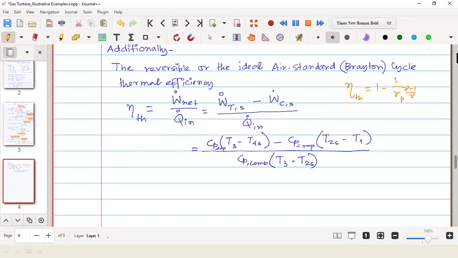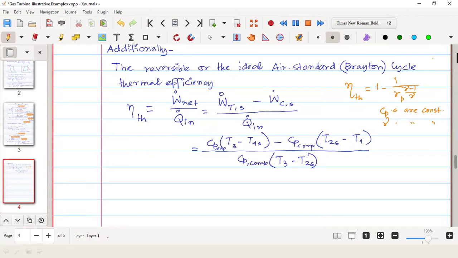I'm not writing it because in that there were assumptions, that is, Cp is constant and gamma is constant.